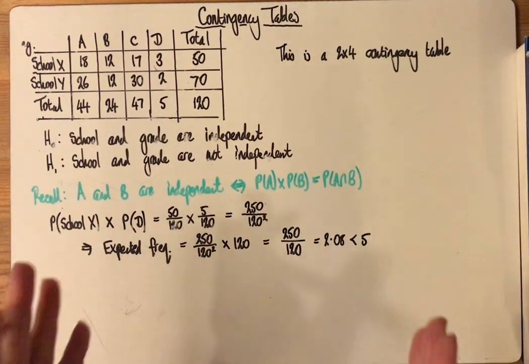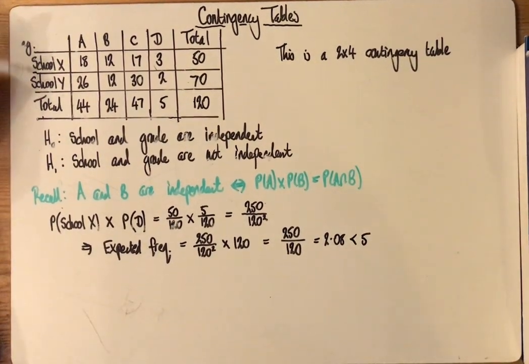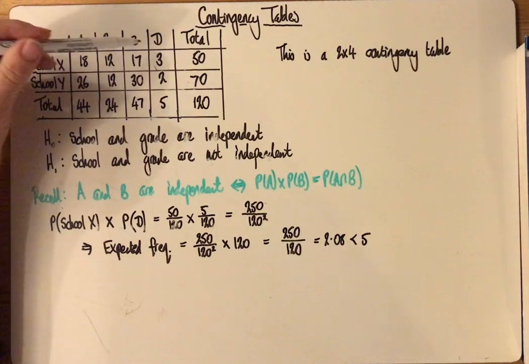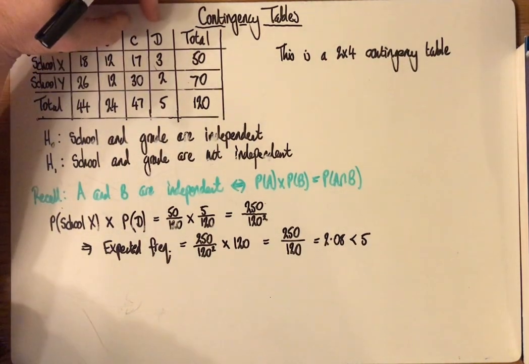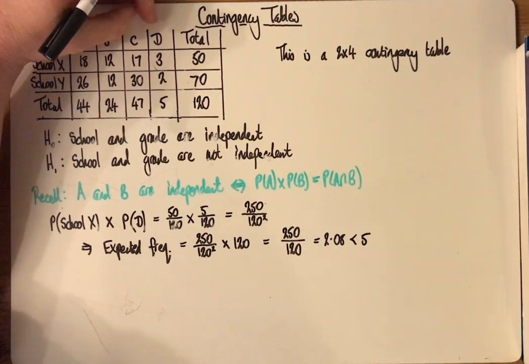So I am going to have to combine together. It wouldn't make sense to combine the two schools together. And I think I'm right in saying with the Edexcel questions you're always combining columns. So it makes sense to combine these two grades together instead.